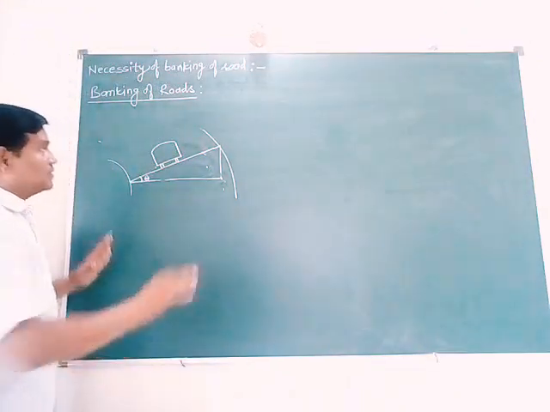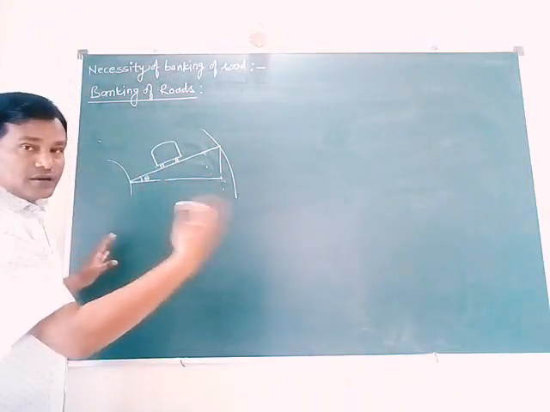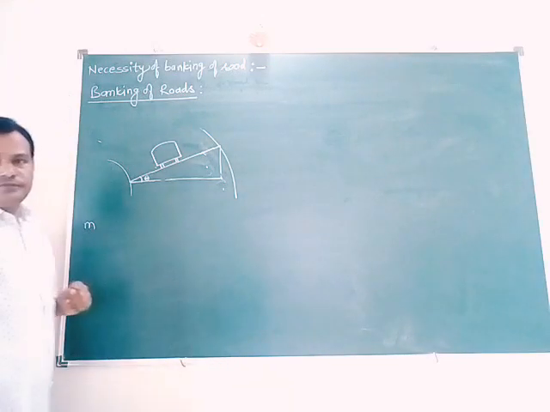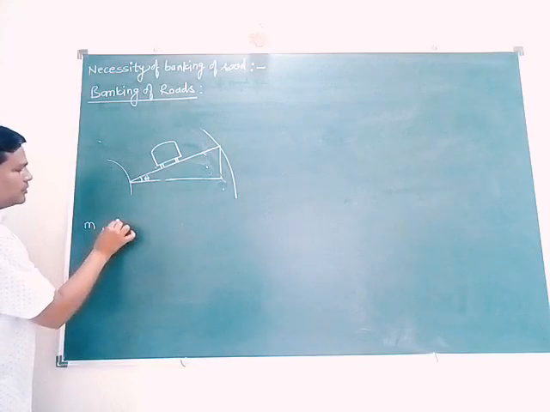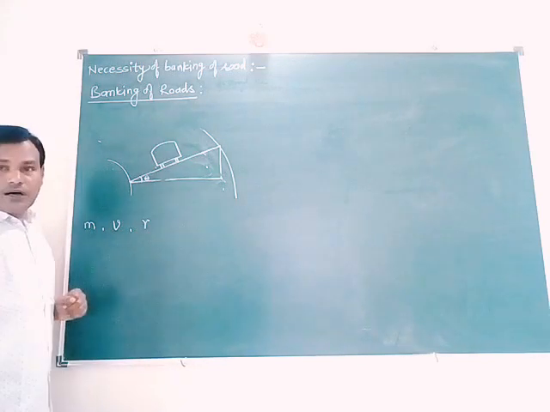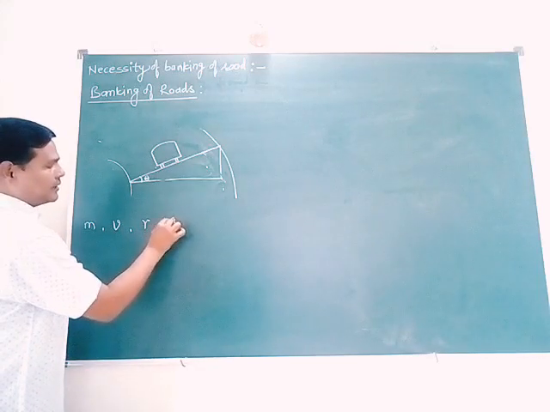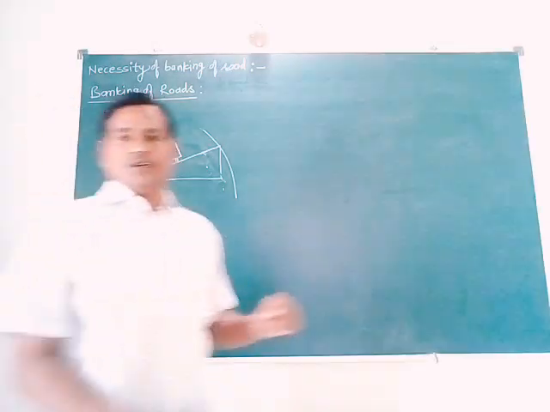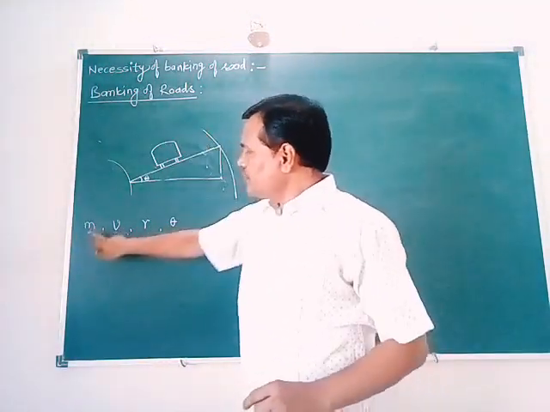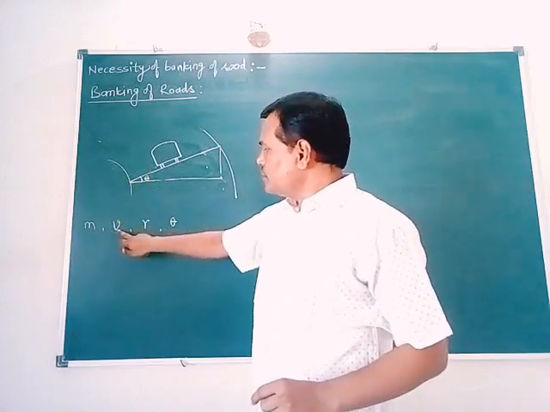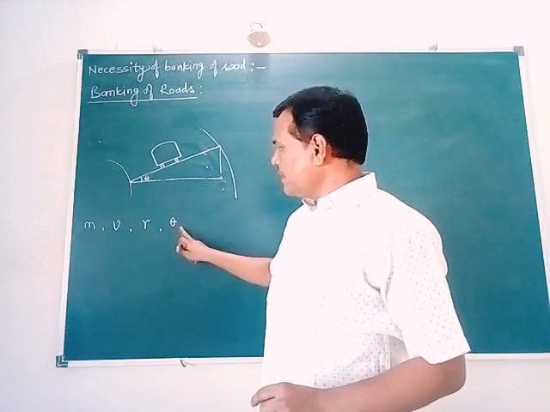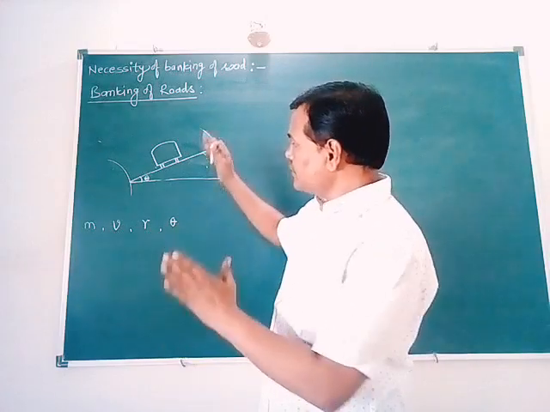Consider vehicle of mass m, it is moving with velocity v on curved road of radius r banked at an angle theta. या चार महत्त्वाच्या कन्सेप्ट त्याच्यात आहेत. आता ते फिगर मध्ये दाखवलंय.